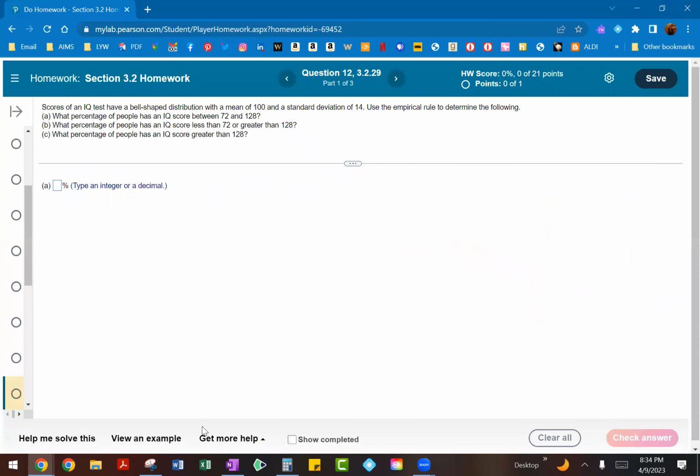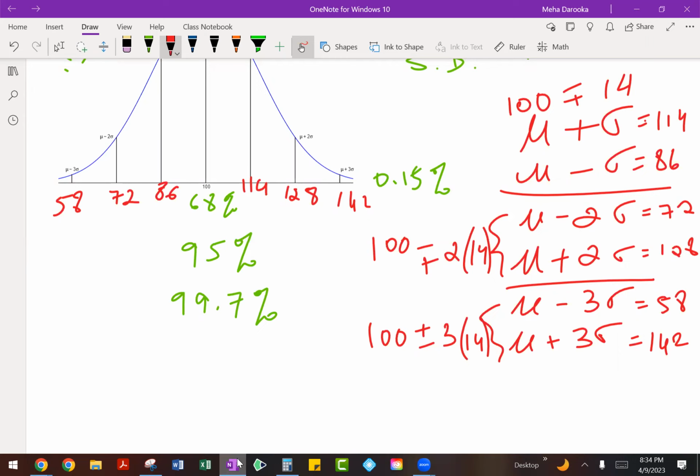They wanted to know what percentage of people have an IQ score between 72 and 128. So you will see 72 and 128 actually fall in the second standard deviation from the mean, because you can see 72 is the mean minus 2 times the standard deviation, and 128 is mean plus 2 times the standard deviation.